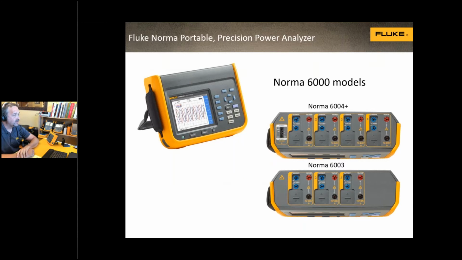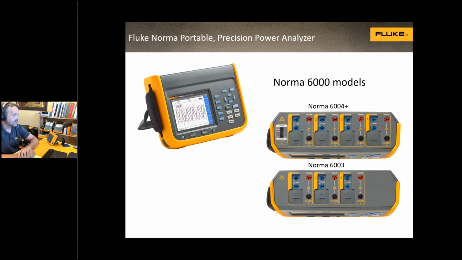The Norma 6000 is a Precision Power Analyzer, and it's not a power quality device. The Norma has two different types of models. We have the 6004 model and the 6003 model.